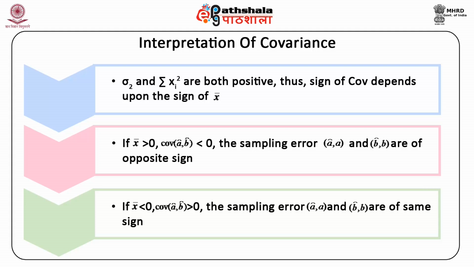But if x bar is less than 0, covariance of a hat and b hat is greater than 0, then the sampling errors a hat minus a and b hat minus b are of same sign.